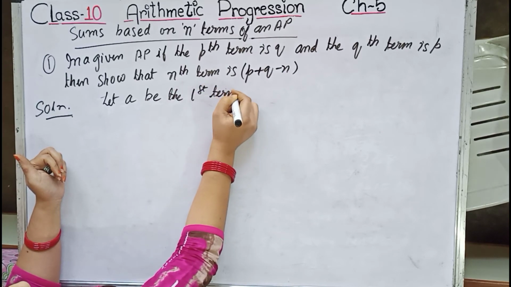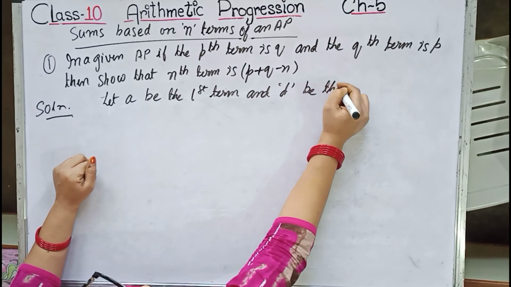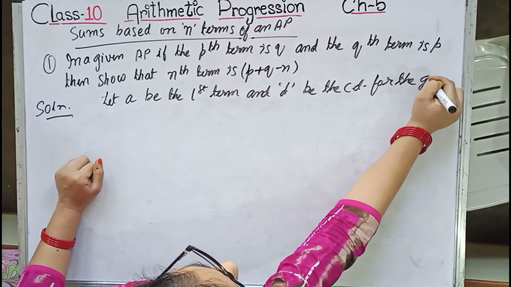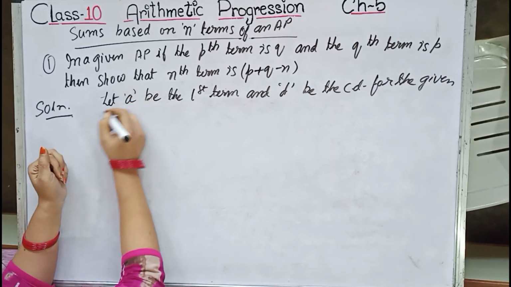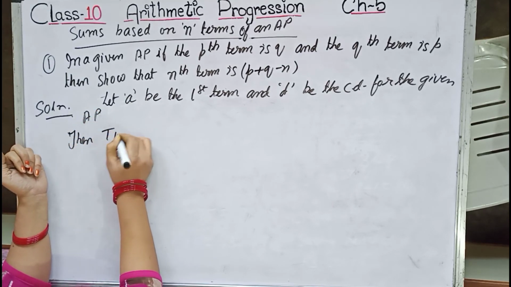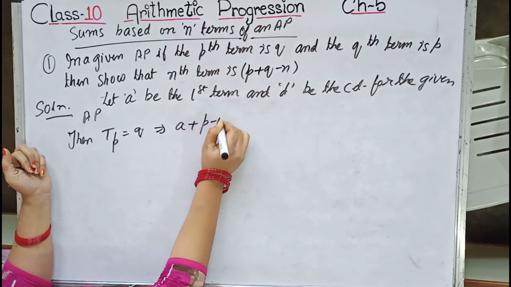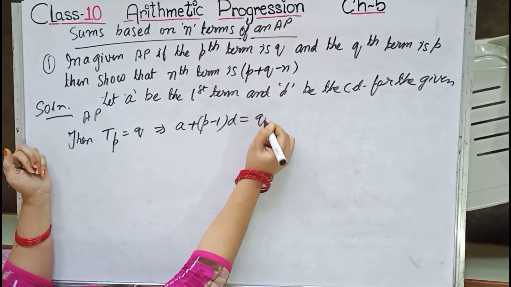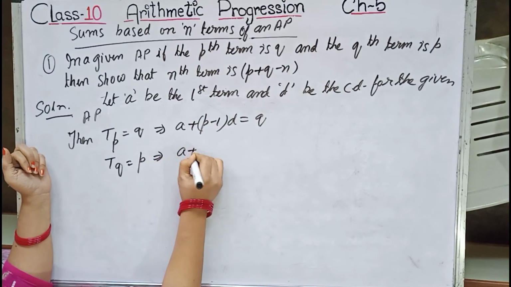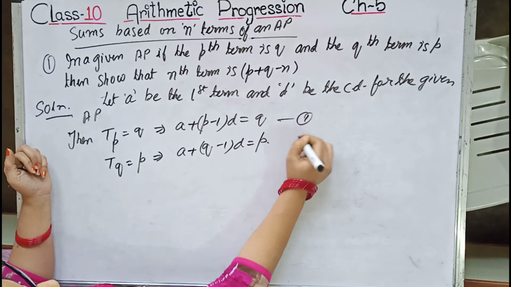Then Tp equals q implies a plus p minus 1 into d equals q, and Tq equals p implies a plus q minus 1 into d equals p.